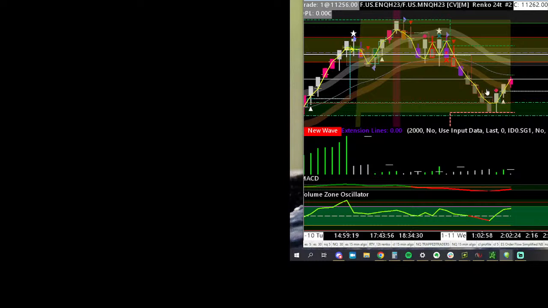But my entry there was around, I know it's valid when they defend this level, especially with an algo here with some kind of signal. And so that's like 11,253, let's say. The full stop where you have to be out of the trade no matter what is like a point below this.